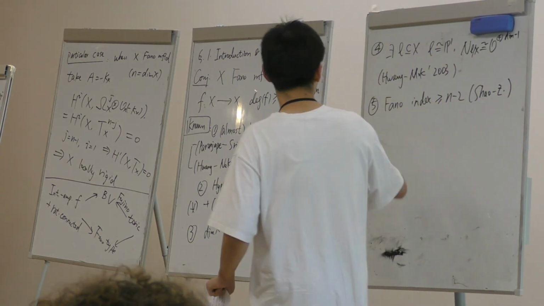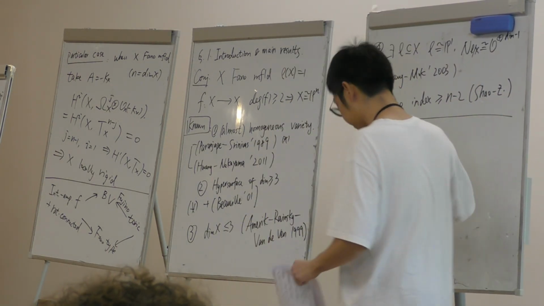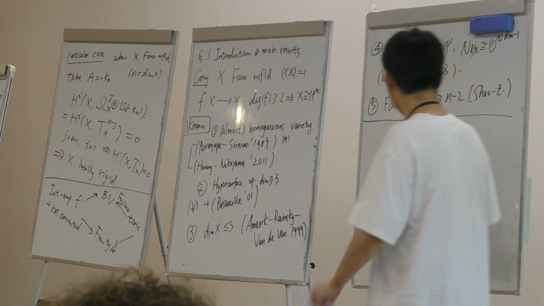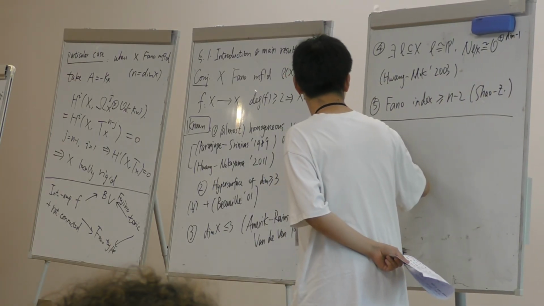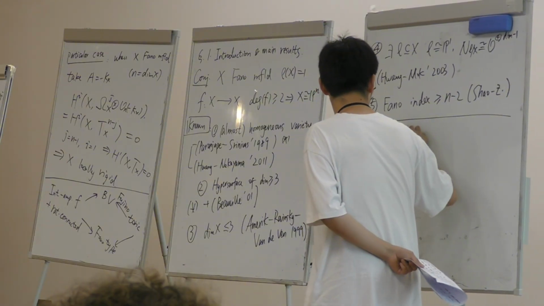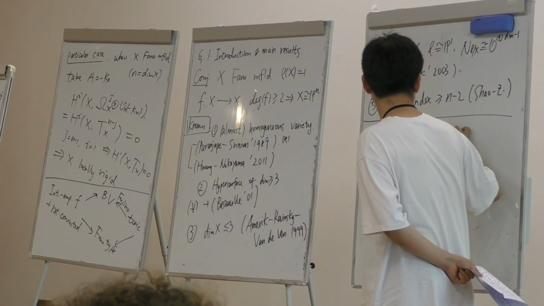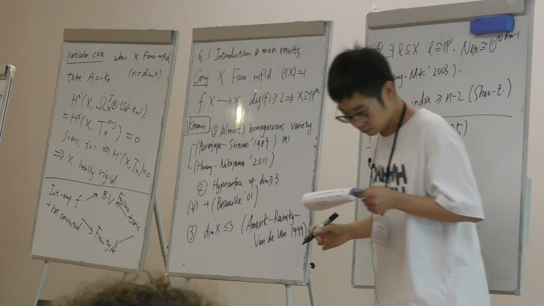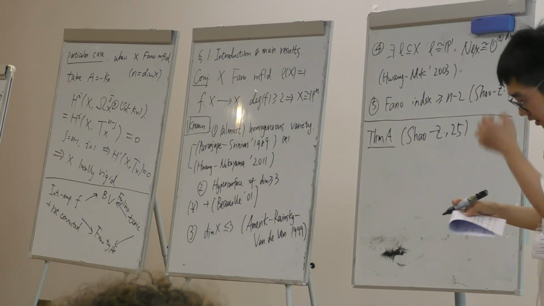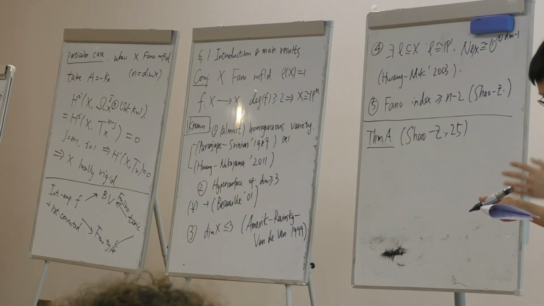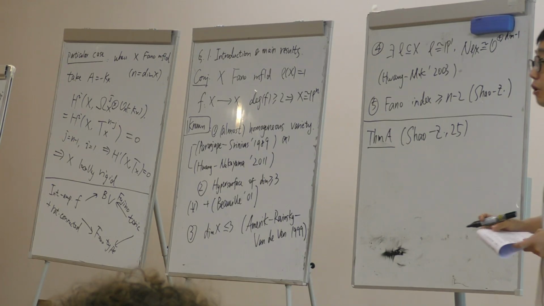Okay, so now let me introduce our main result. It's also a joint work with Feng Shao. It's also published this year. Okay, the assumption of our theorem is a bit technical, and there are two assumptions.